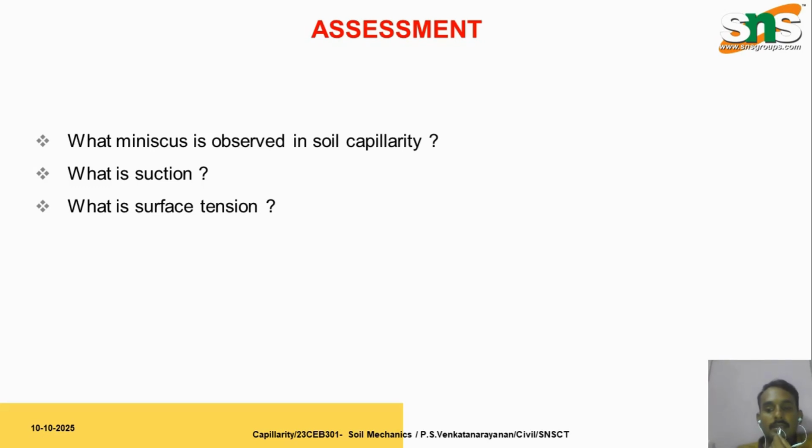So let's move to the topic. I'm also here to further discuss capillary zone and water table. So what do you mean by capillary zone? Capillary zone is the region above the water table.